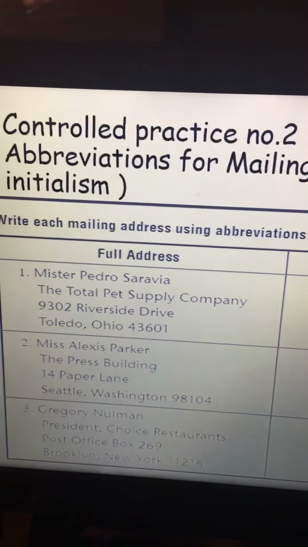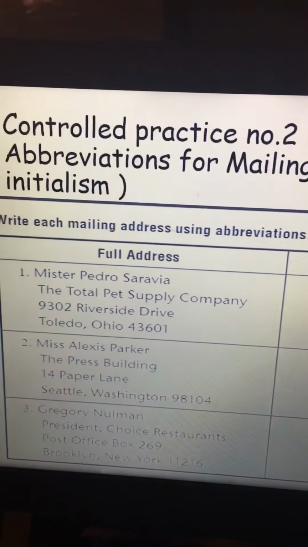These three abbreviations, and here we have an abbreviation for estate. Notice how I wrote the initials in capital letters. Both letters are capital.